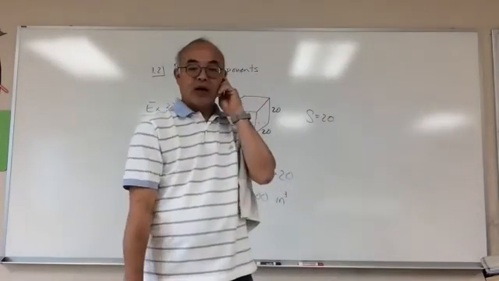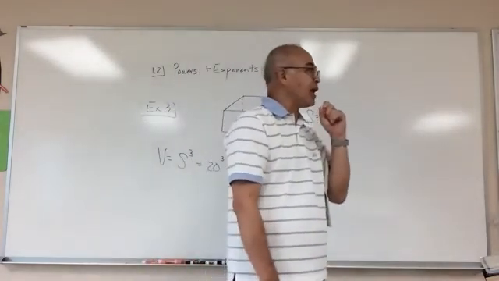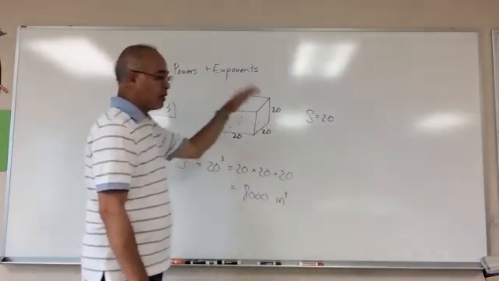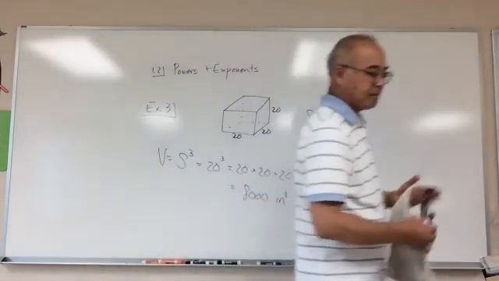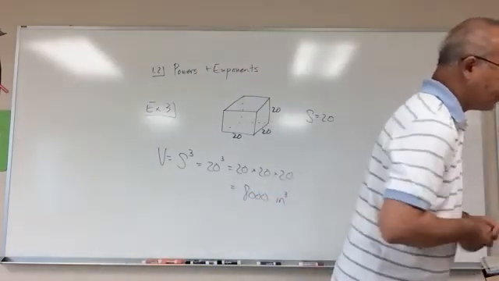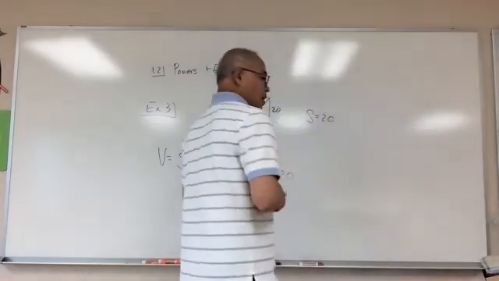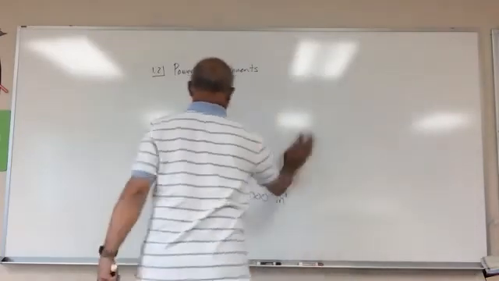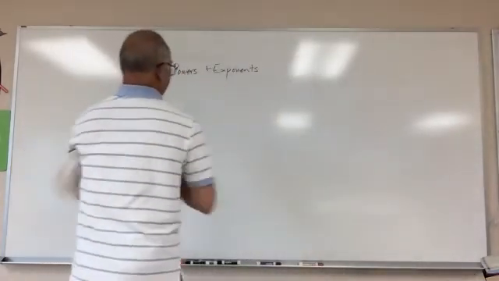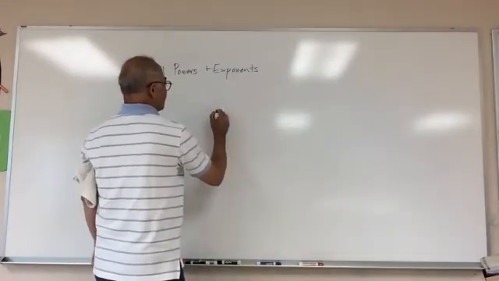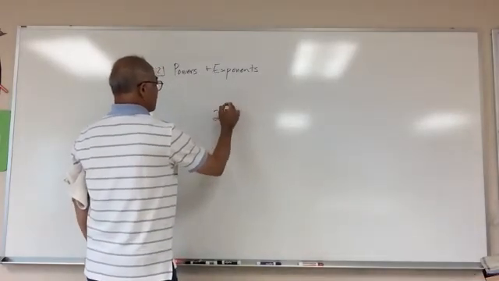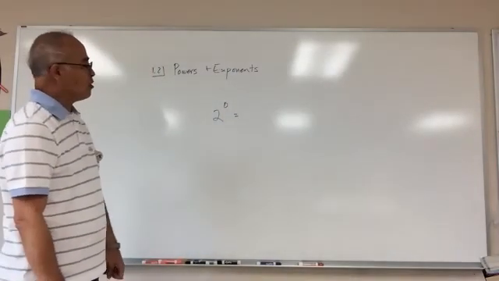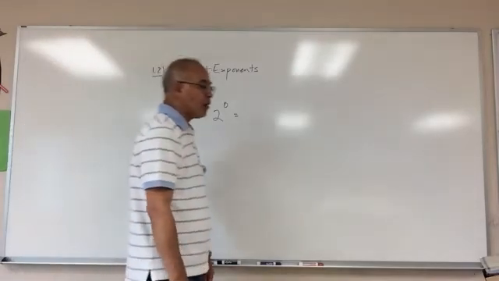Are there any questions on what we learned today? Is there any questions on anything we did just now on the exponents? Can anybody tell me what the value for 2 to the 0 power is?